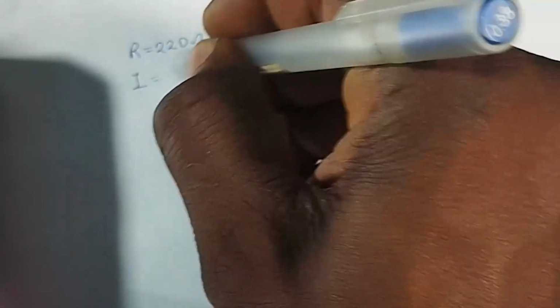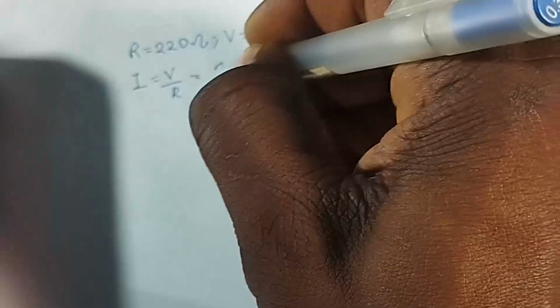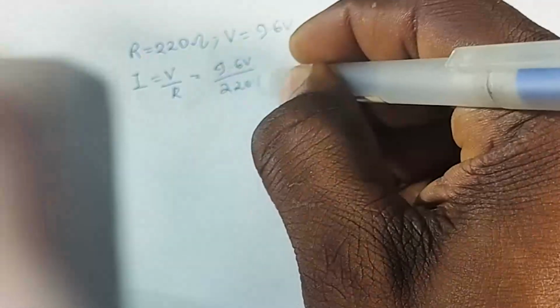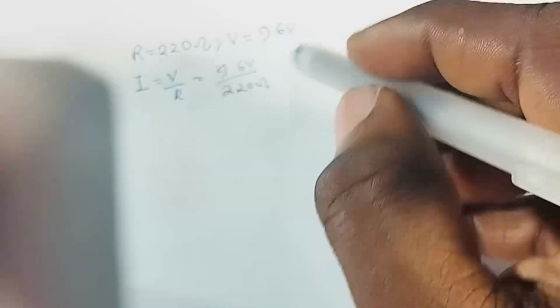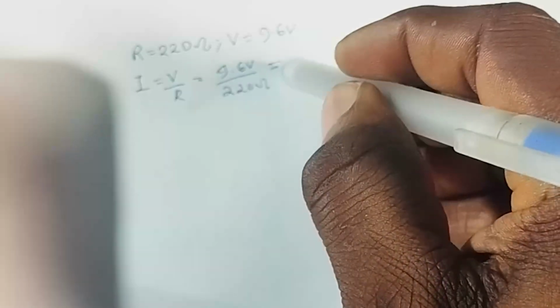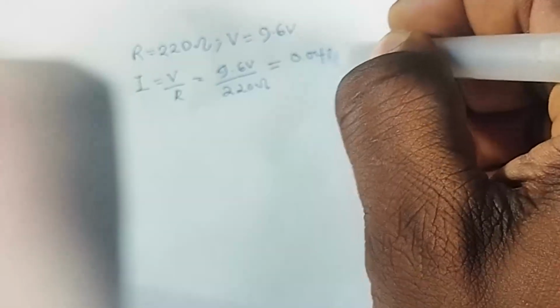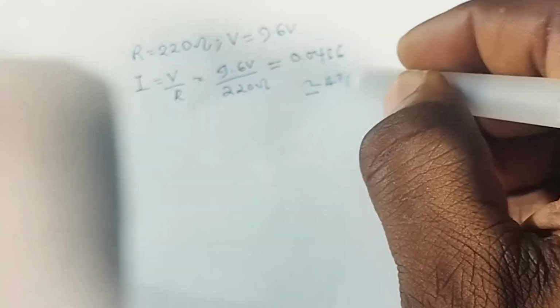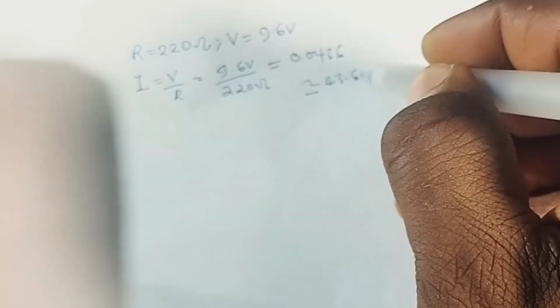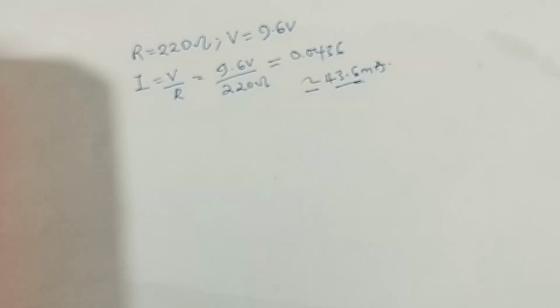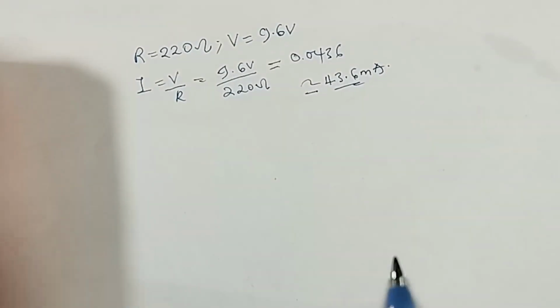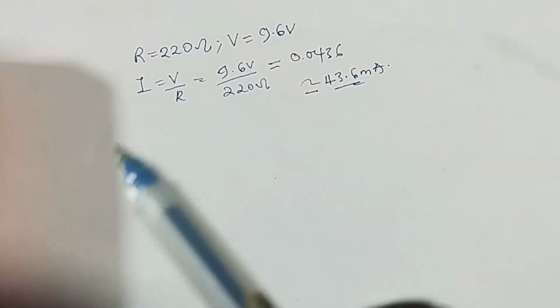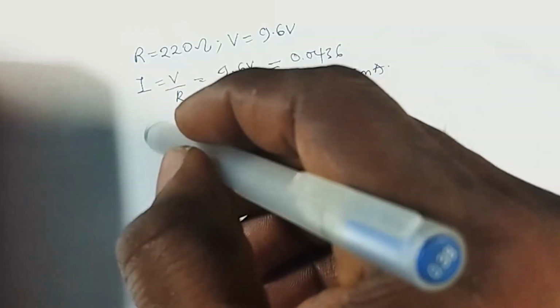So we have I equal to V over R, which is 9.6 volts divided by 220 ohms. So this is going to give us 0.0436, which is approximately 43.6 milliamps.